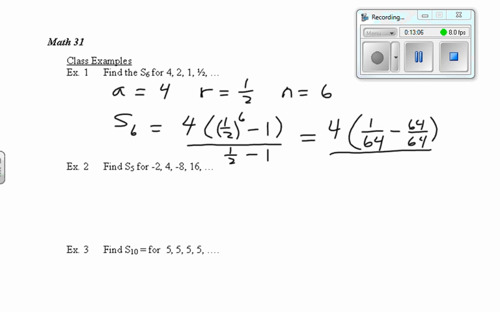And 1/2 minus 1, I'm going to say that's -1/2. 4 divided by -1/2 would be -8. And 1/64 minus 1 is -63 over 64. And we're lucky because the 8 and the 64 divide out. So our answer is 63 over 8.